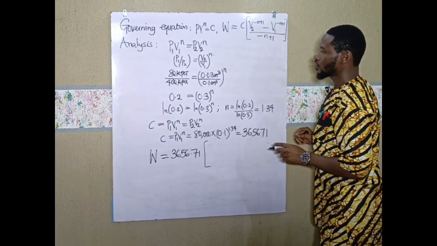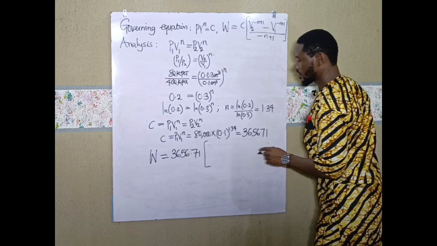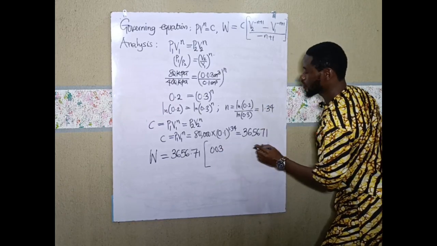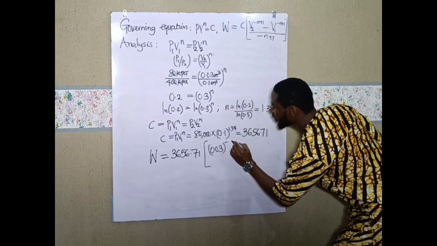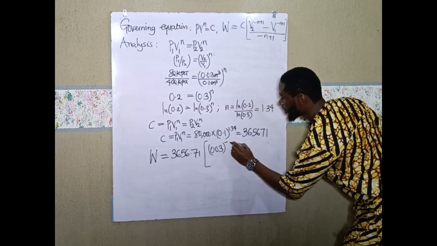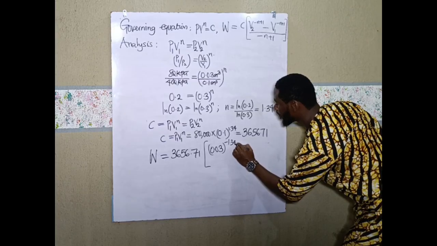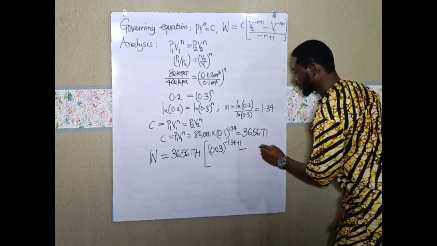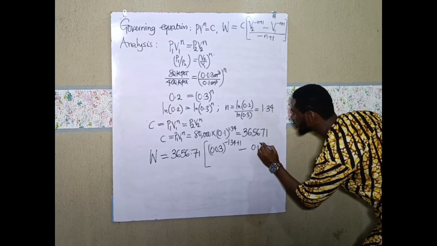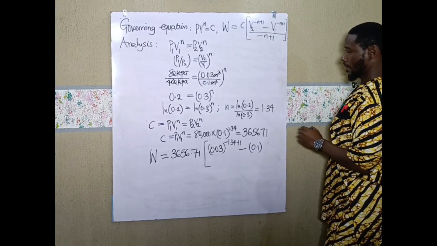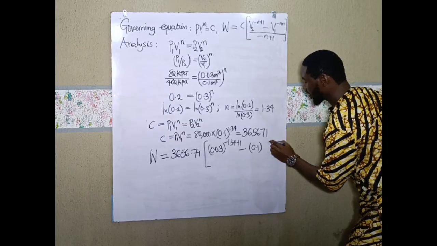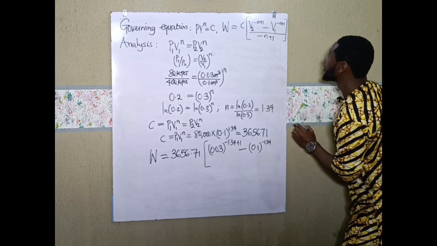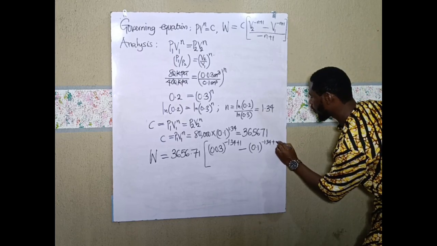V2 in the question is given as 0.03 raised to the power of minus n, which is minus 1.34 plus 1, minus V1, 0.1 raised to the power of the polytropic index, minus 1.34 plus 1.